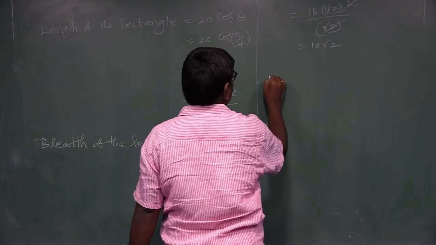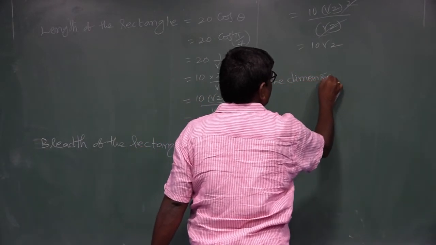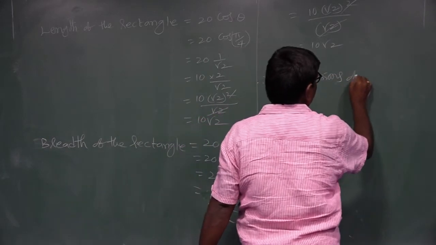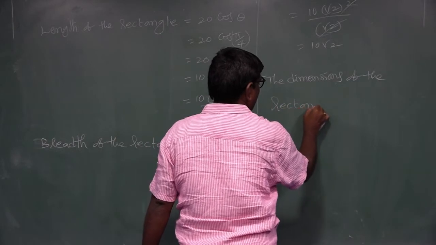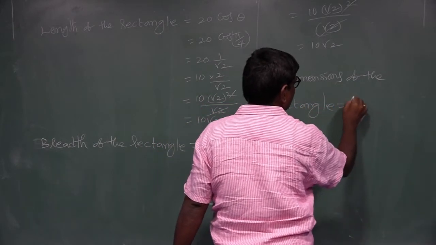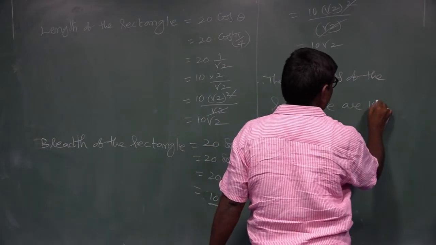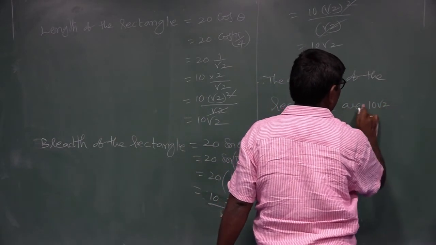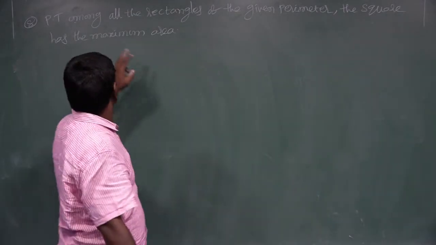Therefore, the dimensions of the rectangle are 10 root 2 comma 10 root 2. Okay, students, 8th problem.